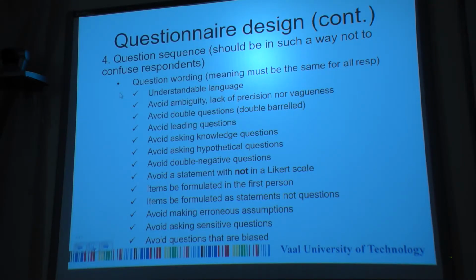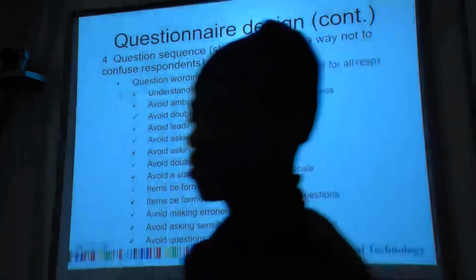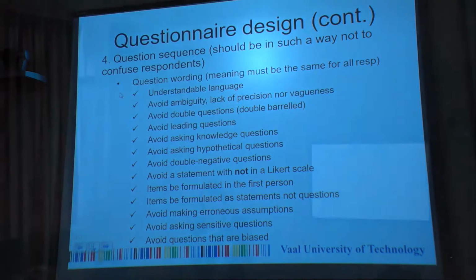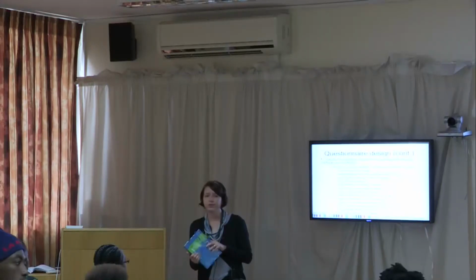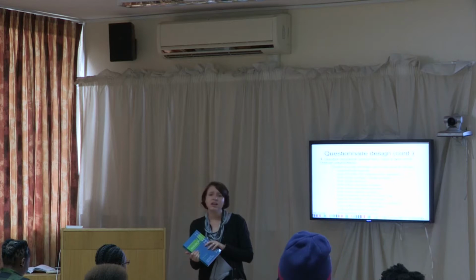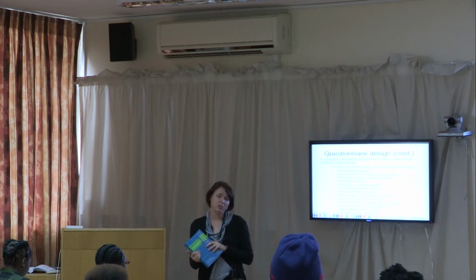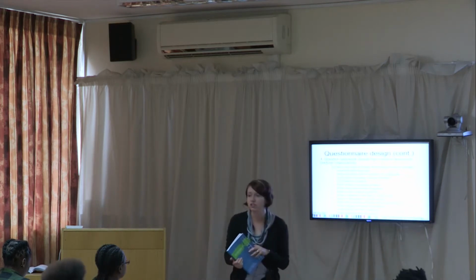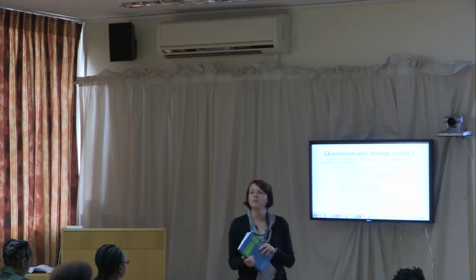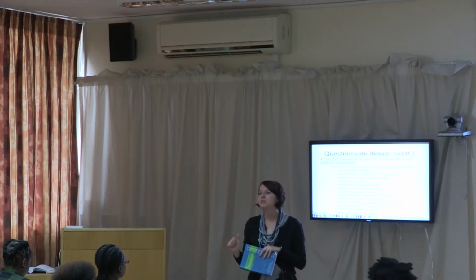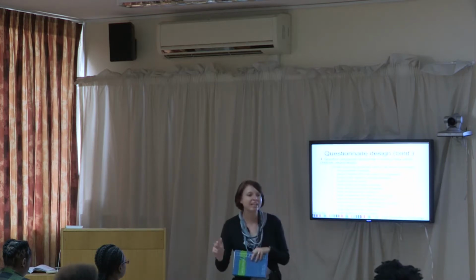And then avoid asking sensitive questions that might offend your respondents. For example, in this textbook, they ask, how often do you have sex per week? That is a very straightforward question, and it's a sensitive type of question. Someone does not want to necessarily answer that. Sometimes in medical tests, you need to answer those types of questions. But be very careful when it comes to things like income, languages and races.